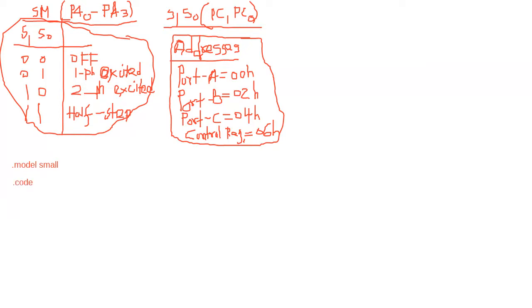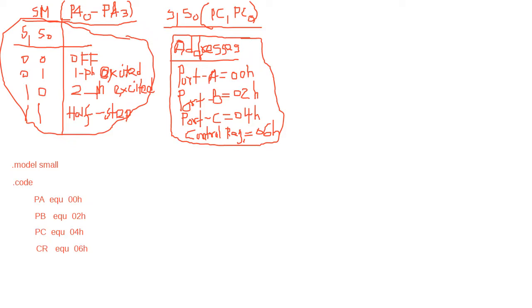Here we can define like EA EQU 00H, EB EQU 02H, EC EQU 04H, control register CR EQU 06H. For example, this is about the addresses.